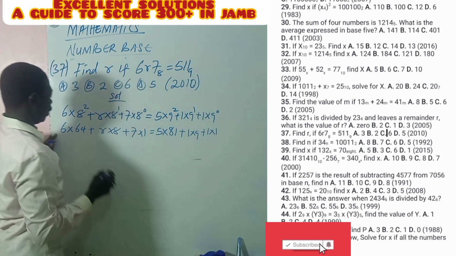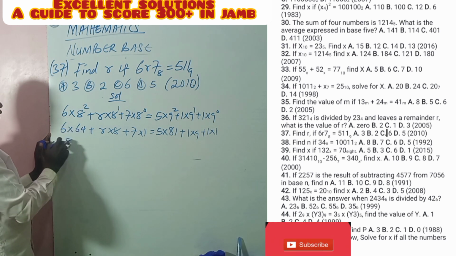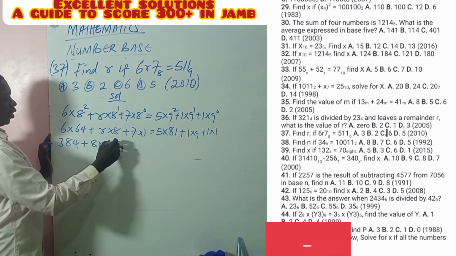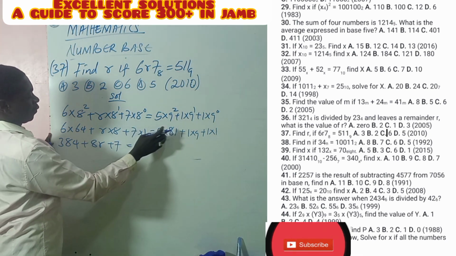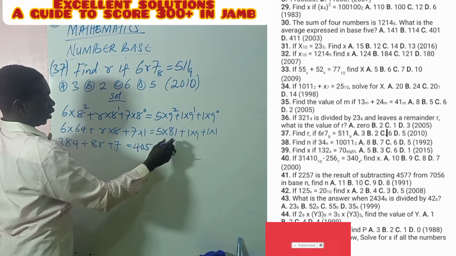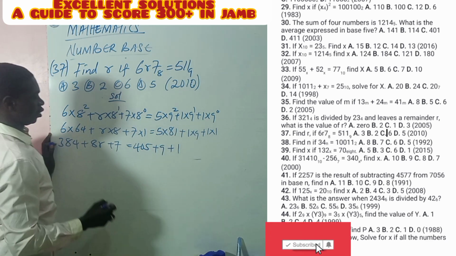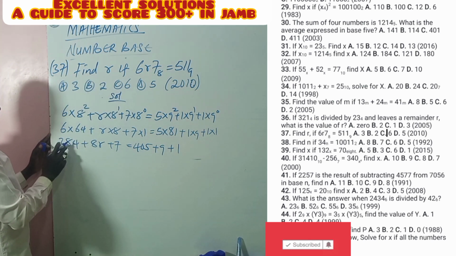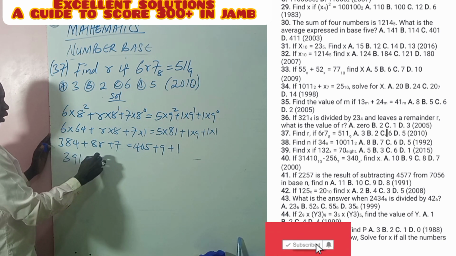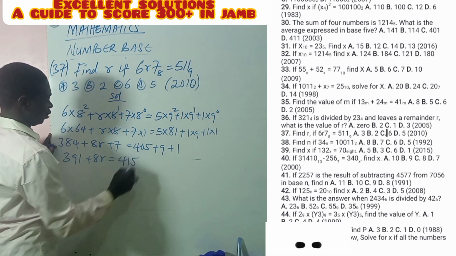So here we have 6 times 64, we have 384, plus 8r plus 7 times 1 is 7, equals 5 times 81, we have 405, plus 1 times 9, we have 9, plus 1. So we add 384 plus 7, we have 391, plus 8r equals 415.